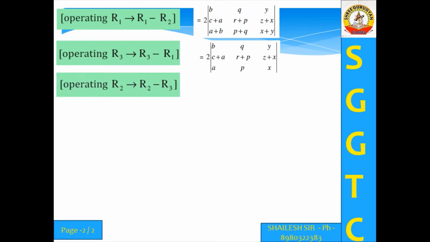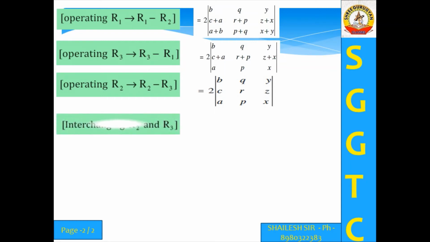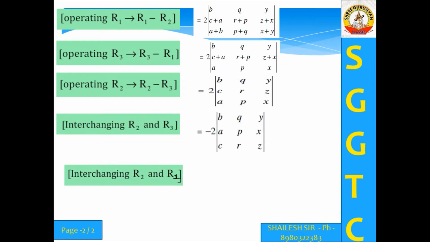Now students, if you subtract this row from this row, then definitely A is gone, here P is gone and here X is gone. Only Z is remaining. So my answer is done here. Only and only R2 minus R3. So it represents BQY and CRZ and APX.